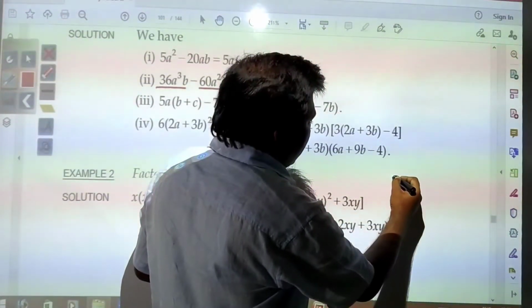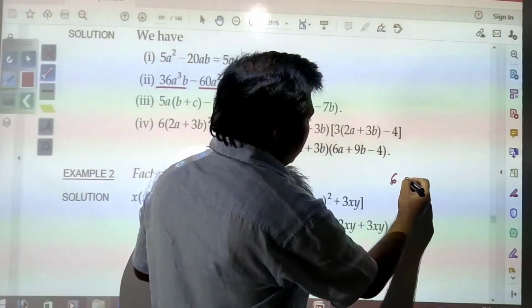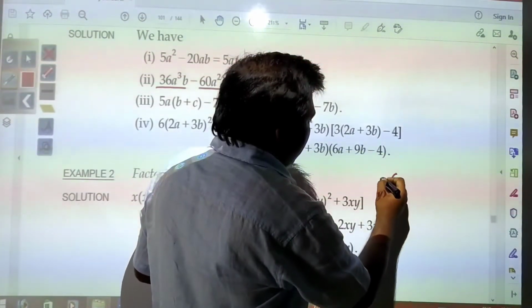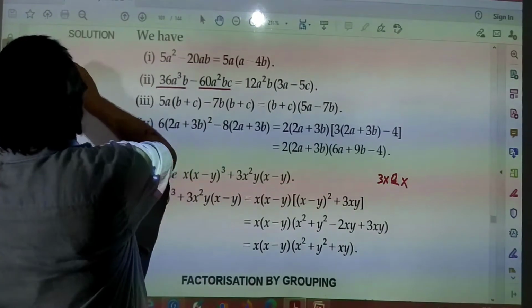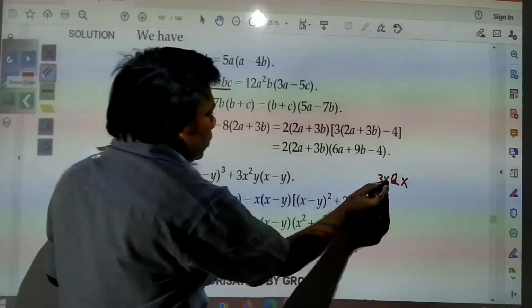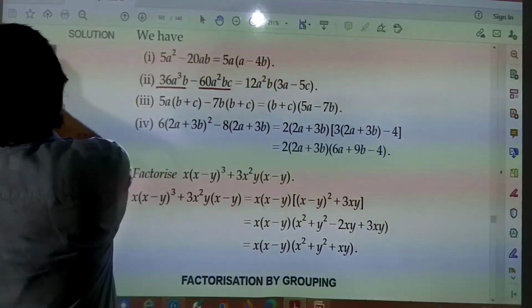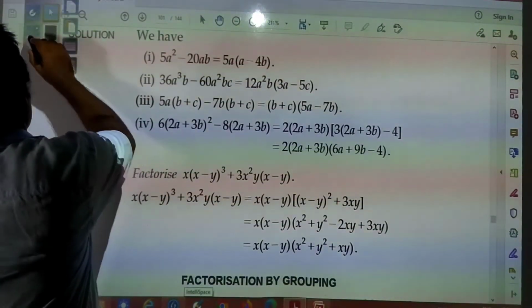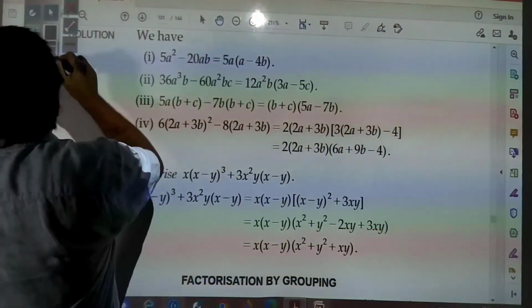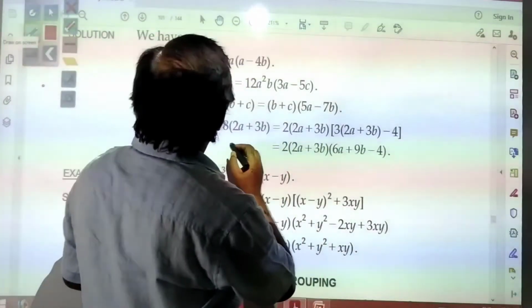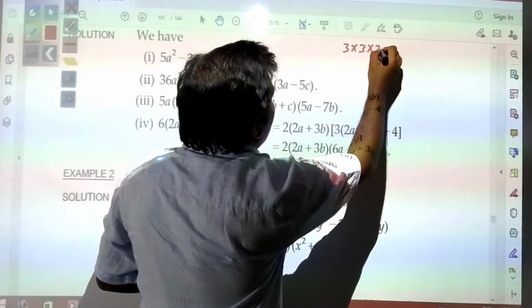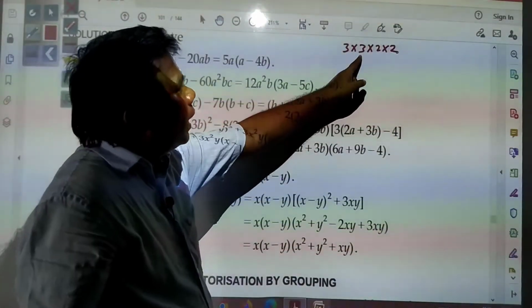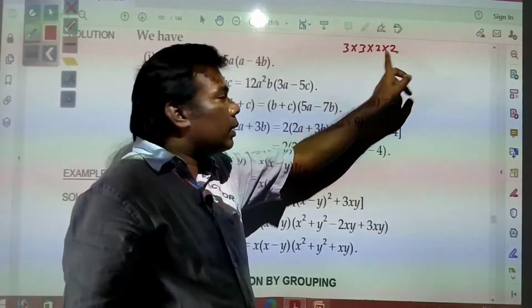36 can be written as 6 into 6, or as 3 into 2 into, or it can be written as 3 into 3 into 2 into 2. 3 3 is 9, 9 2 is 18, 18 2 is 36.